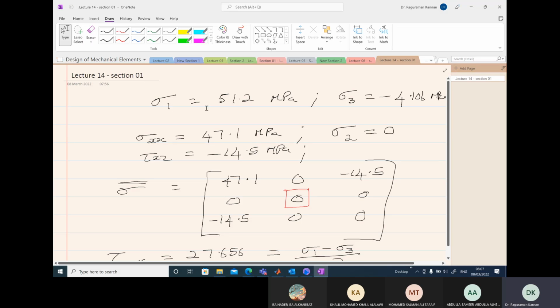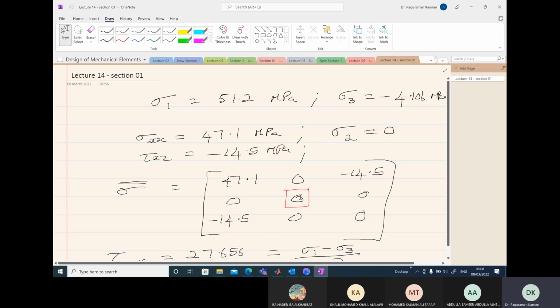But suppose that sigma 1 and the value which I get here is positive instead of negative 4.106. So in that case, sigma 3 will be 0. So when you are apparently solving a 2D problem, it is actually a 3D problem where the other stress components are 0, and one of the stress components with a 0 is actually one of the principal stresses.